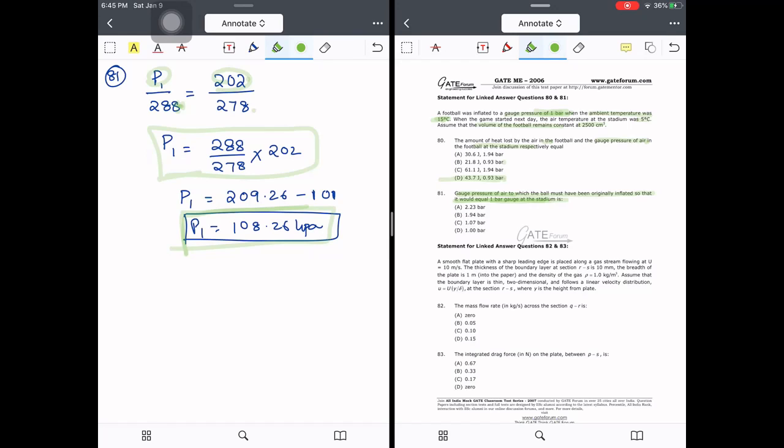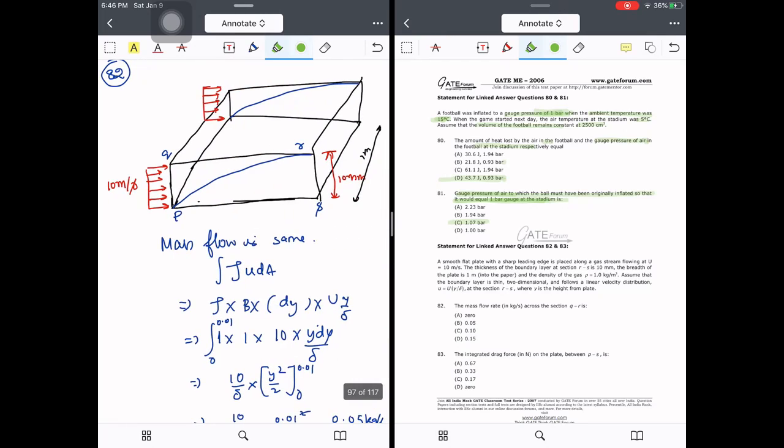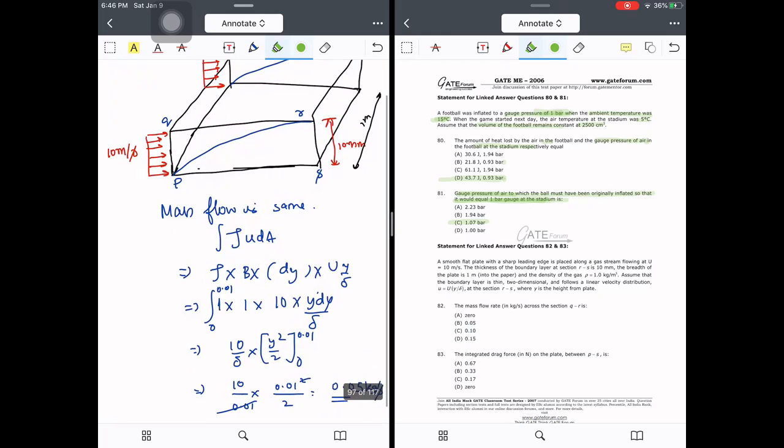Okay, this should be the final pressure. So put it in P2 by T2 and you will get the absolute pressure. Remember, this is the absolute pressure. Now what they have asked is the gauge pressure of the air. So for gauge pressure, just subtract the atmospheric pressure of 101 and you get nearly 108.86, and if I convert it in terms of bar, it is nearly 1.07 bar.